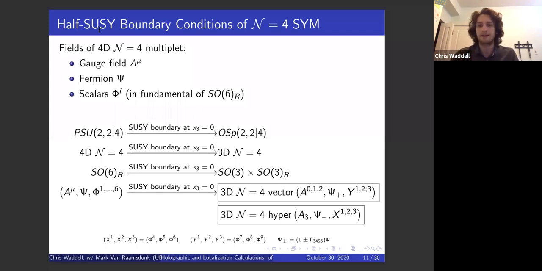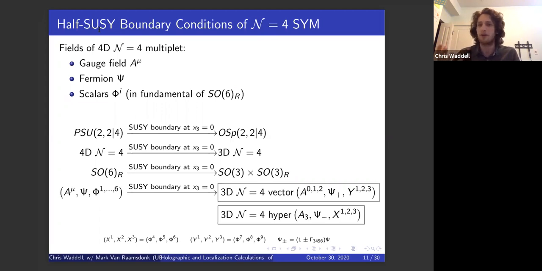Now, if we think about adding some maximally supersymmetry preserving boundary at the 0 position of the x3 coordinate, we choose to put the boundary in the x3 coordinate by convention, then the 4D N=4 supersymmetries are going to break to some subgroup, which is the 3D N=4. The R symmetry also is going to break from SO(6) to 2 copies of SO(3).